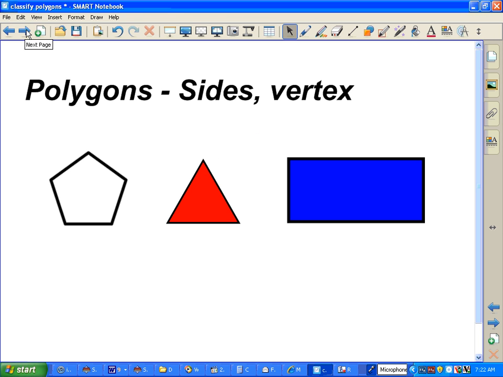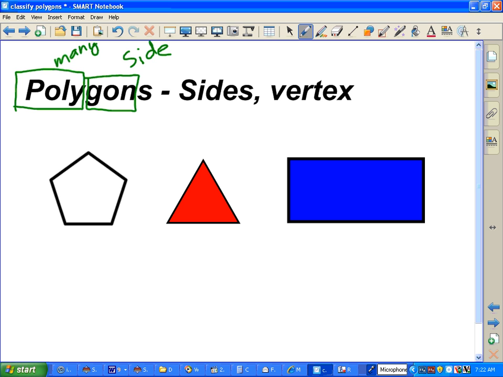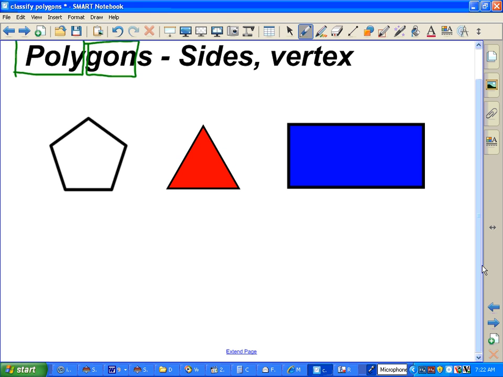First of all, a polygon, if we break down the word, poly means many, gon means side, so we are dealing with a many-sided figure. Now, if you remember from angles, when we had an angle, if we labeled the parts of this, we had a vertex and a side.